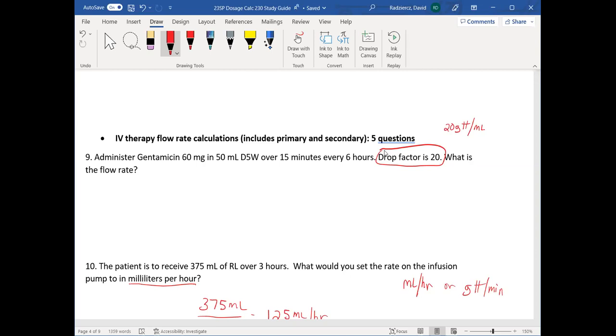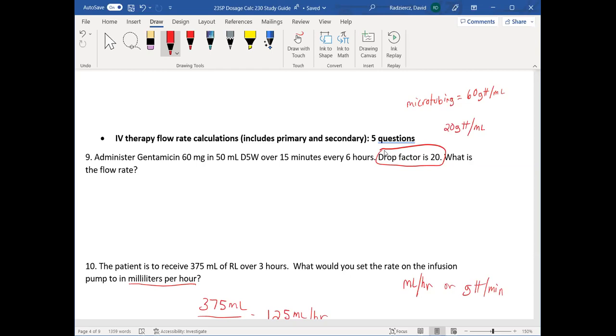And if they say microtubing, that means it has a drop factor of 60 drops per milliliter. So it may not give you that number. You're supposed to know what that is. And again, that's more so for North Boys South, but you might see it on the NCLEX. And now, hopefully, you will remember that if it asks.